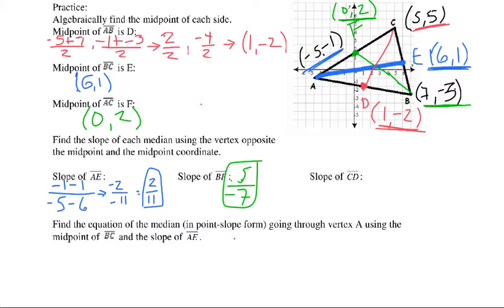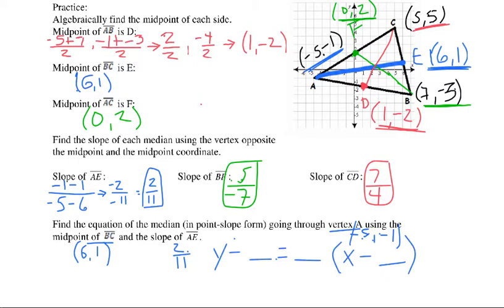On this last step, I want you to find the equation of the median, and there's only one median we're going to find on this one. It's going to start at vertex A, so that's with my blue line on there. My vertex is at (-5, -1). And we need to use the midpoint of BC, so point E over here, (6, 1). We need to use the slope between those two, which was this 2 over 11 right here. So we're putting it into point-slope form, and the slope is still 2 over 11.